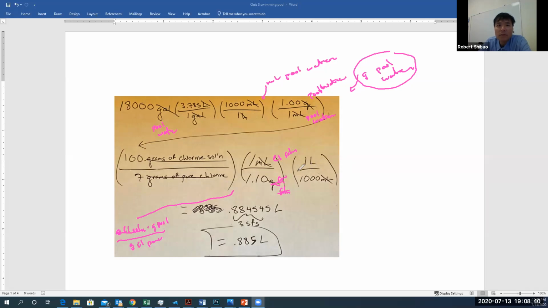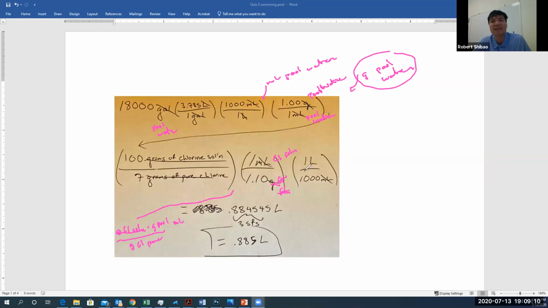Then I have this one, so I got milliliters of chlorine. Then I have milliliters in here added into the mix. So it turns out there is a problem here.